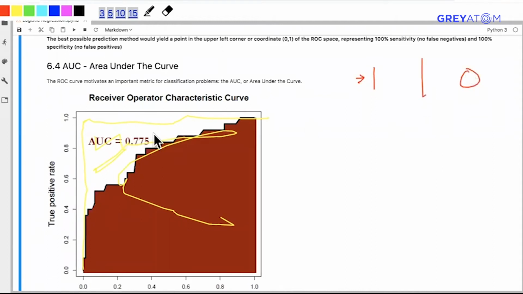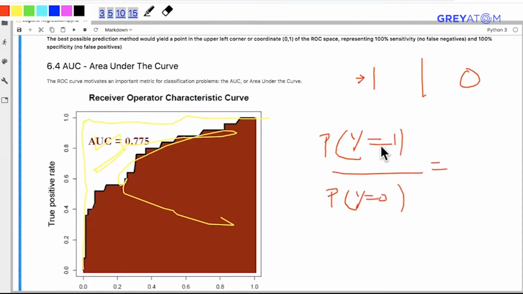So an AUC of 0.775 means that the probability of y equal to 1 over the probability of y equal to 0 is just 0.775.